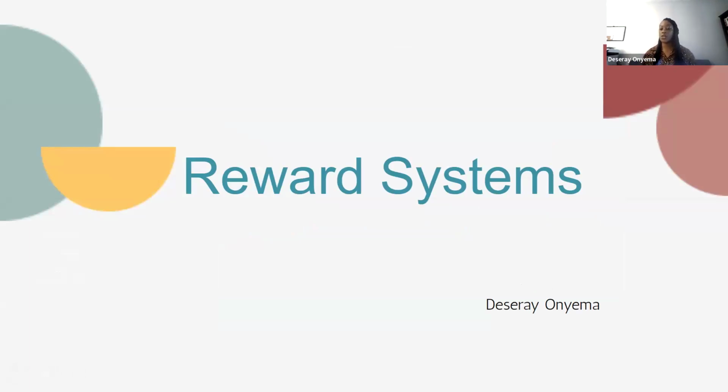And I also touched on reward systems in the discipline versus punishment workshop as a way to promote positive behaviors as well. So my goal for this workshop really is to walk you through the steps of how to create a reward system at home.